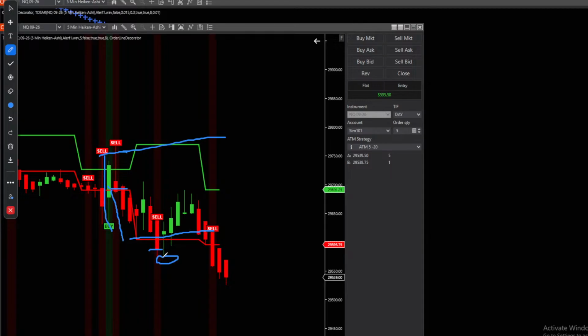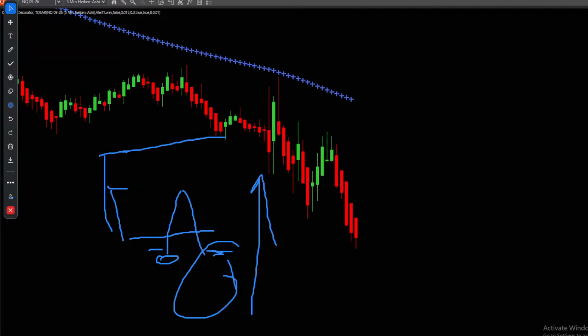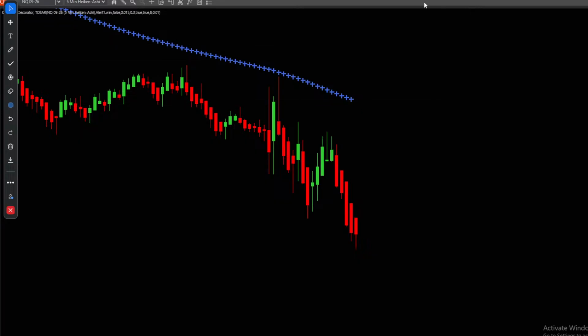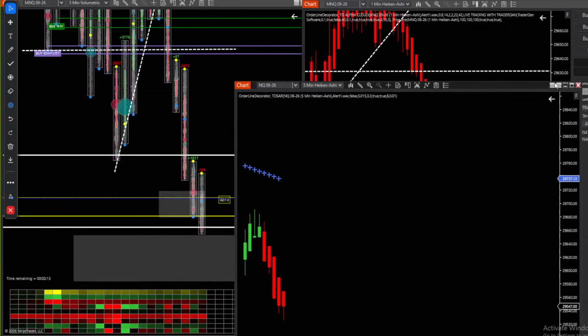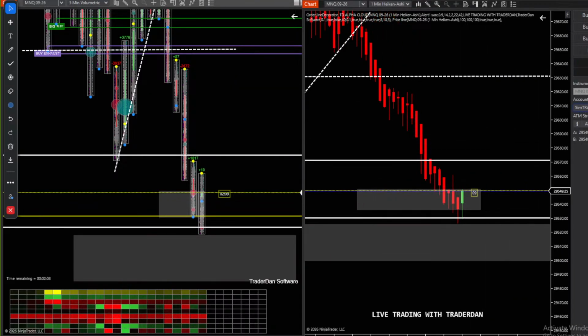This short didn't win. Pulled back, but this short would have won. And you're in this short. But I'm looking for a bounce out of here, guys. So this is getting a small bounce here.